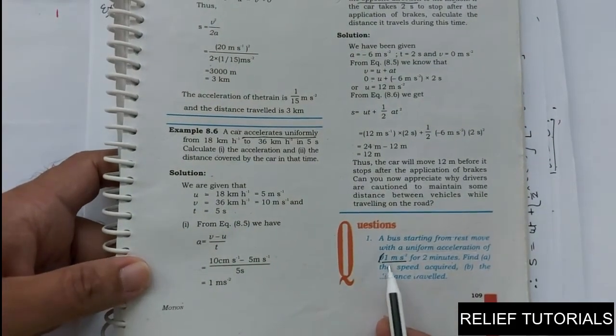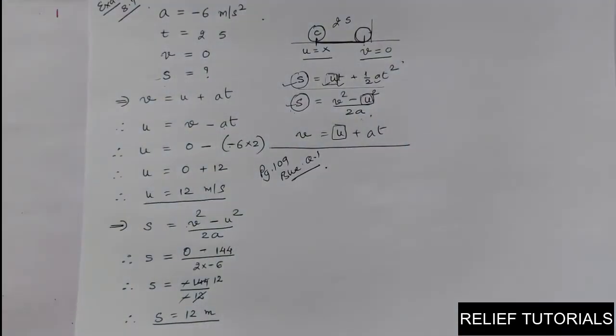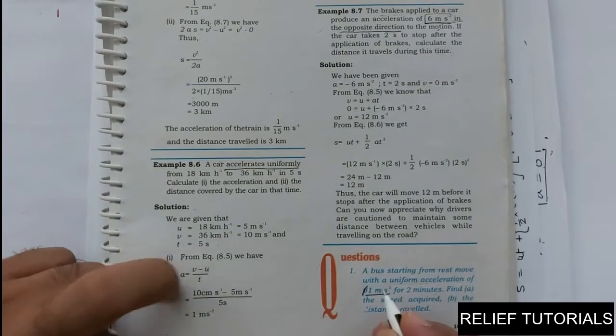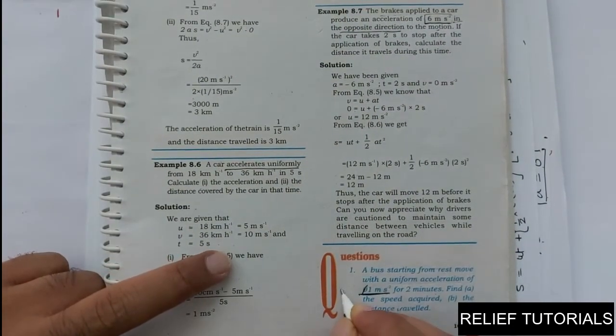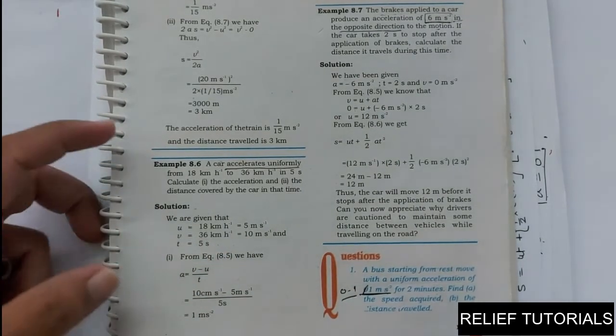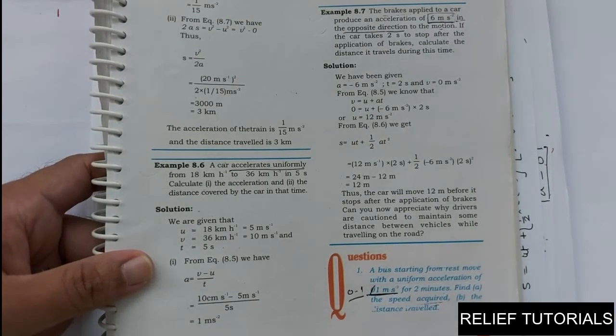See, we are not concerned with the value. Whatever will be the value, we want to see how we can use the formula. Yes, it is 0.1 meter per second square is the acceleration for 2 minutes. Find the speed acquired, means final velocity, and the distance traveled.